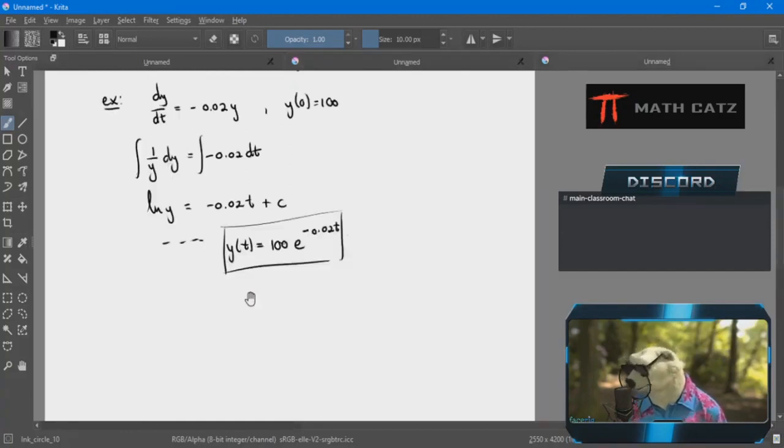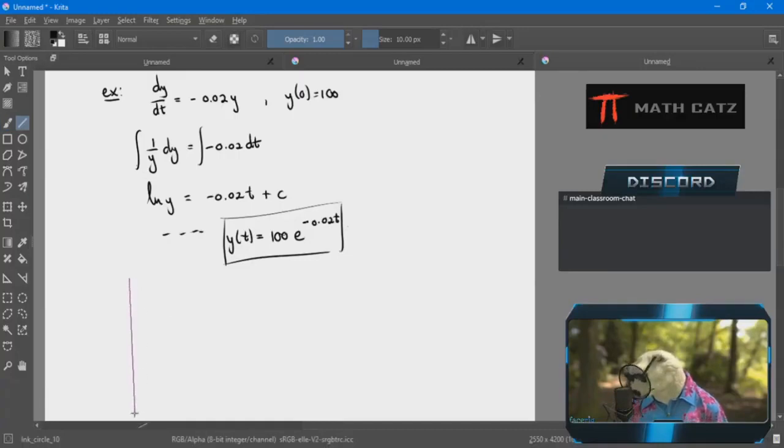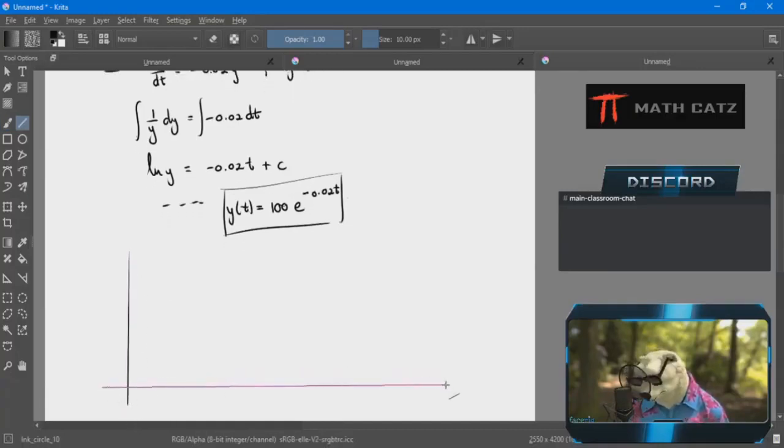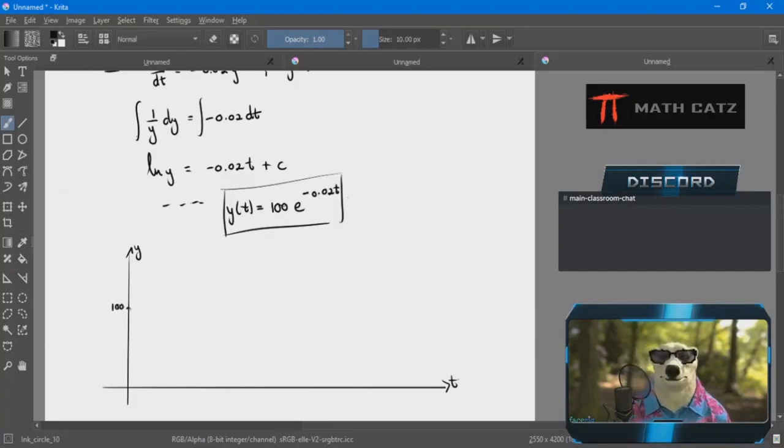So if I were to graph this, I would start with some initial amount, and it would be the other side of the exponential function's graph, having a horizontal asymptote at the horizontal axis at y equals 0, meaning a radioactive material decreases down to something very small, but it never fully goes away.